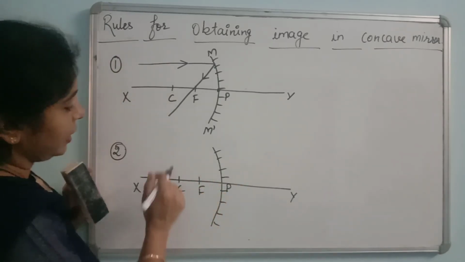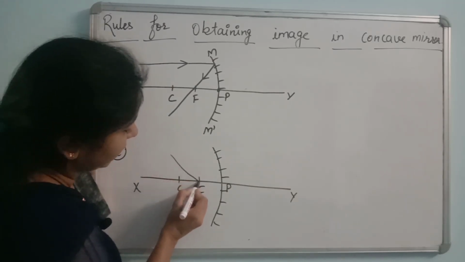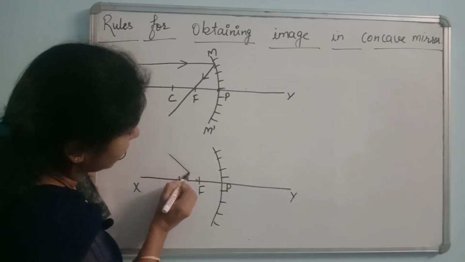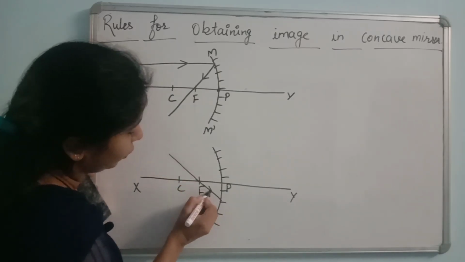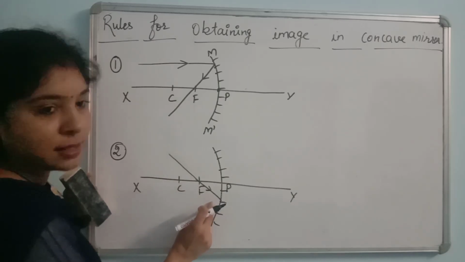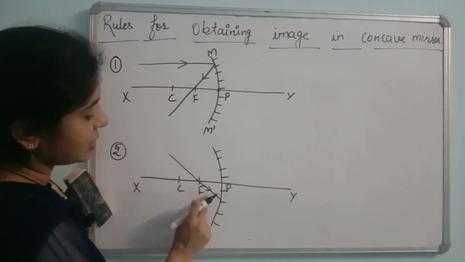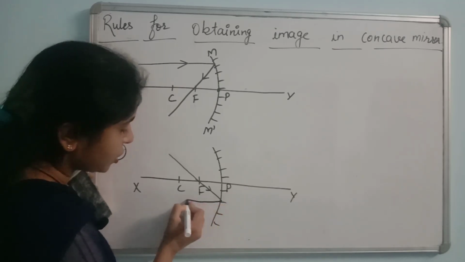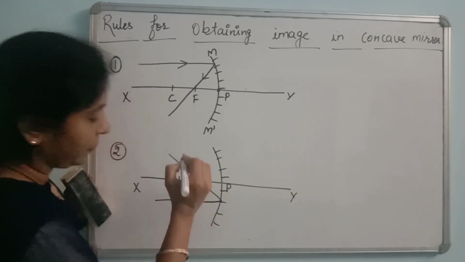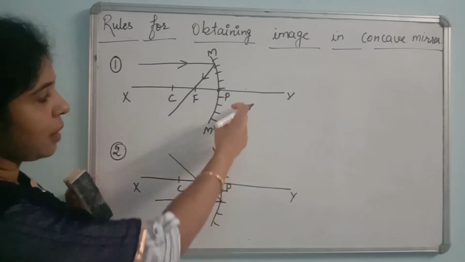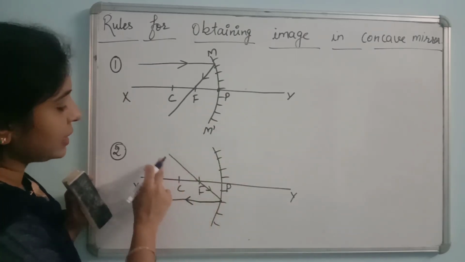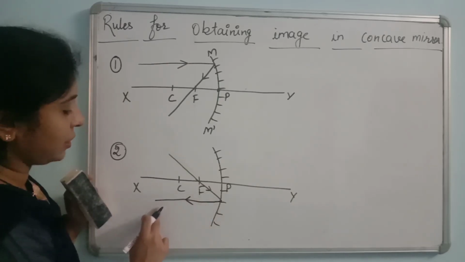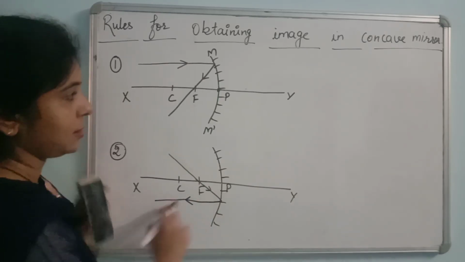Second rule is, if any light ray coming from any object is incident on the focus or is passing from the focus, means the incident ray is coming from the focus, then after reflecting from the mirror it will reflect parallel to the principal axis. Just opposite to the first rule: if the incident ray passes through the principal focus, then the reflected ray will be parallel to the principal axis.